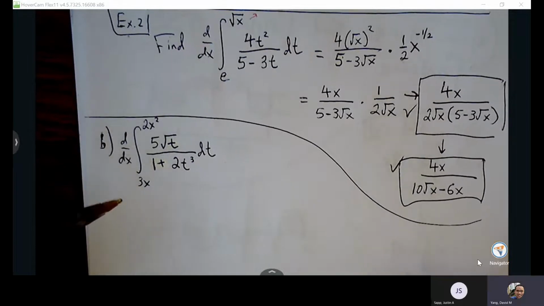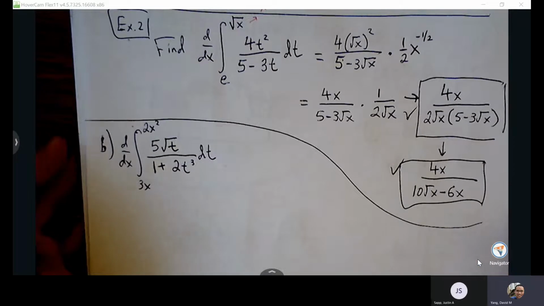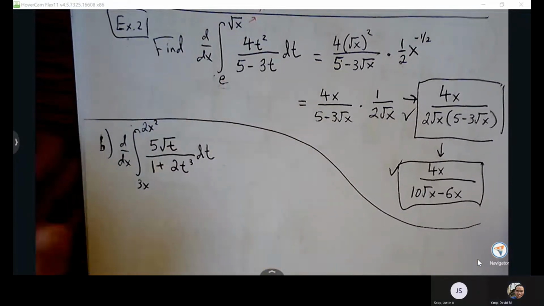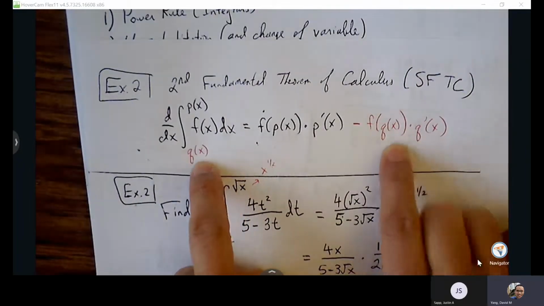So now what do you notice? There's a q, that's right. There's an upper and lower bound that both will be involved in this process. Before, we didn't have to worry about it. So we have to repeat the process with the lower bound as well.